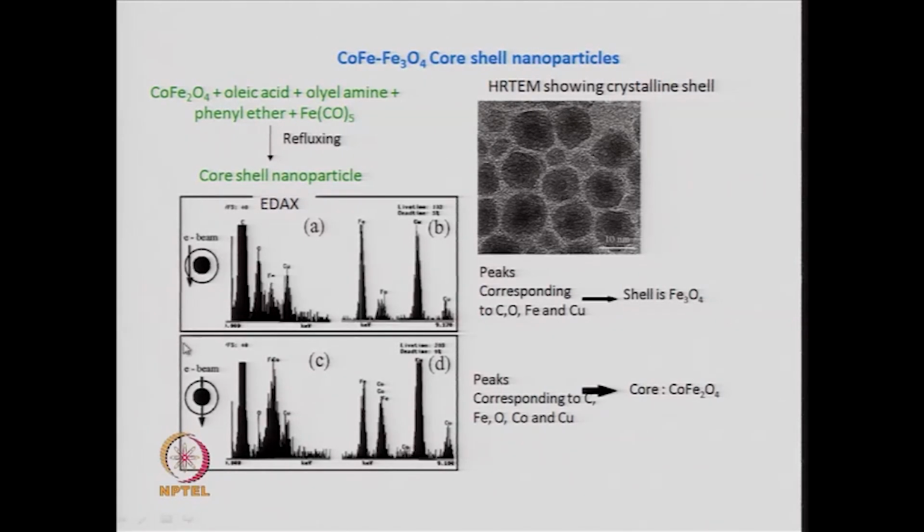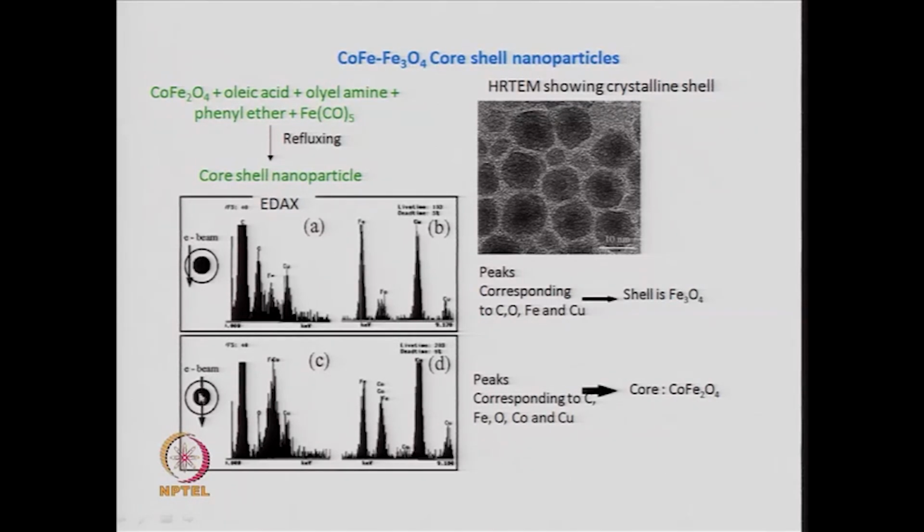Now, when you do the same experiment with the electron beam going through the center of the core shell structure, and you analyze the spectrum, you will see that the peaks now correspond to carbon, iron, oxygen, cobalt and copper. Carbon and copper we ignore because carbon is an impurity and copper is from the TEM grid. So, what you find is that you have iron, oxygen and cobalt.